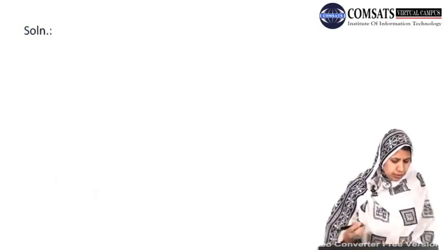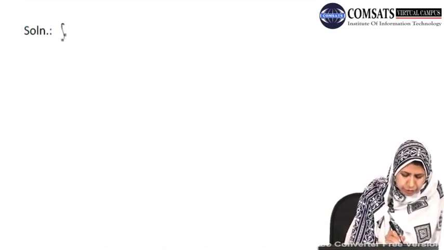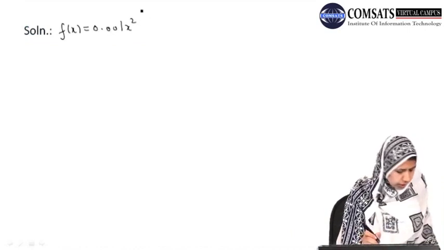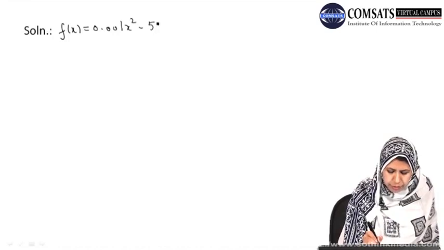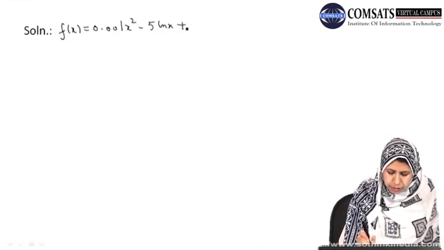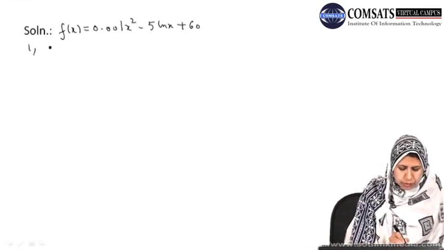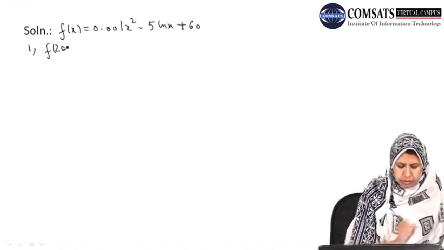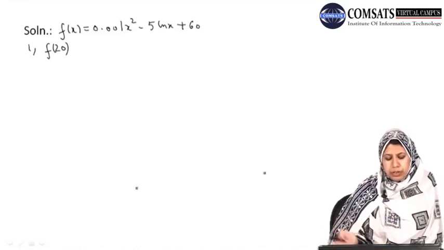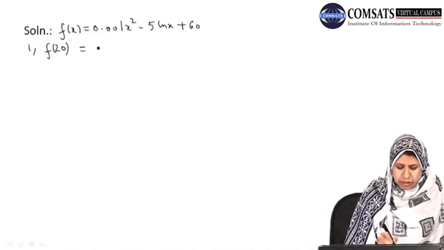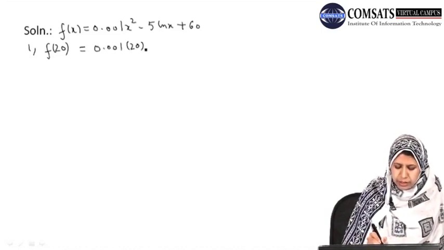So we rewrite our logarithmic function f(x) as 0.001x² minus 5 log x plus 60, and the first thing we are asked to find is what will be the cost if 20 analysts are used. Simply put the value of 20 as x.